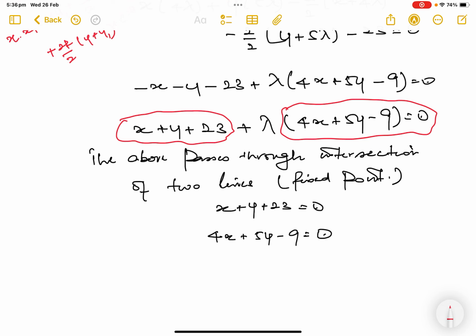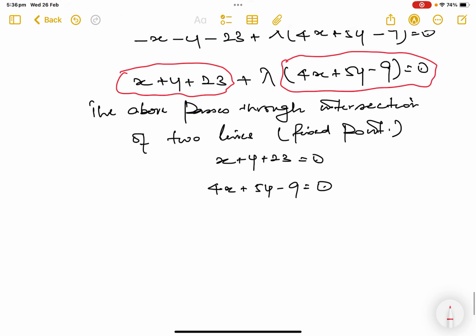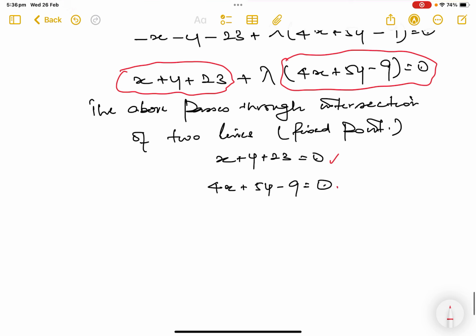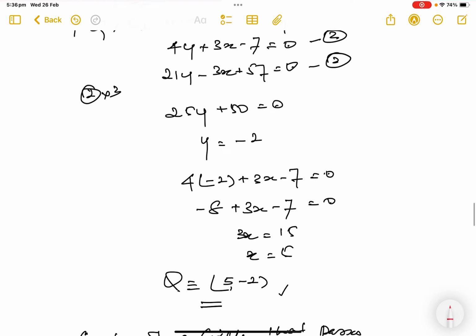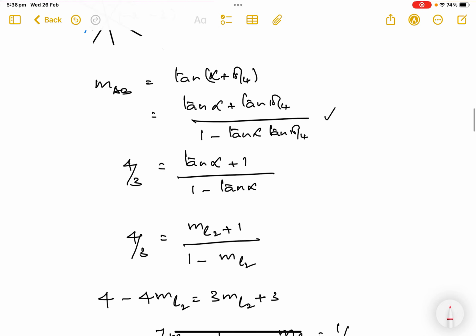When two lines meet, it's at an intersection point. That is a fixed point. So the intersection of these two lines is a fixed point. Therefore, the chord of contact will go through a fixed point. That is what we have been asked to prove, the last part of the question.